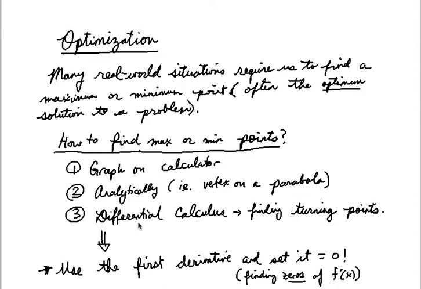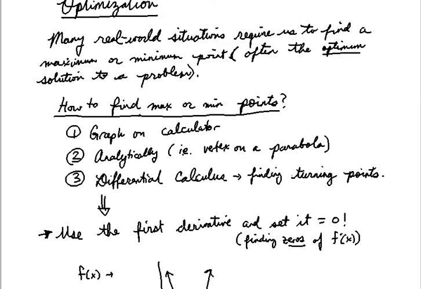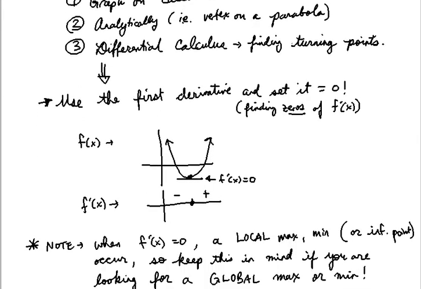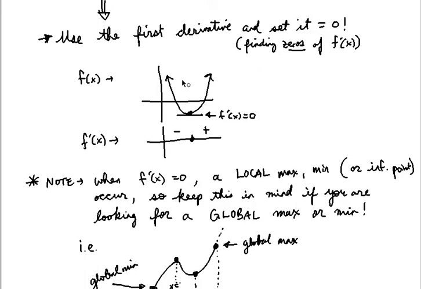You could use that formula, but probably the most useful and most powerful will be using differential calculus. So just remember we can find our first derivative and set it equal to 0. And we could actually use the sign diagram as well. That's how we determine if it's a maximum, minimum, or stationary point of inflection.